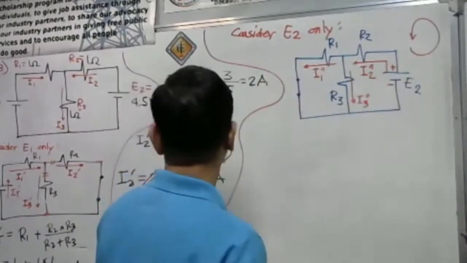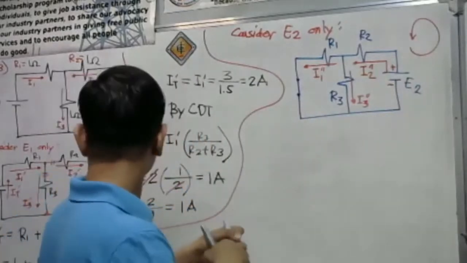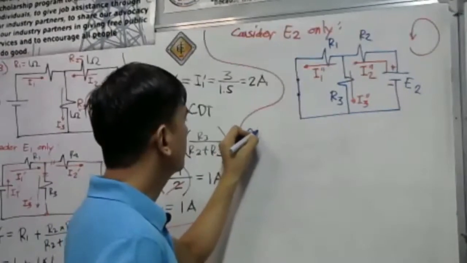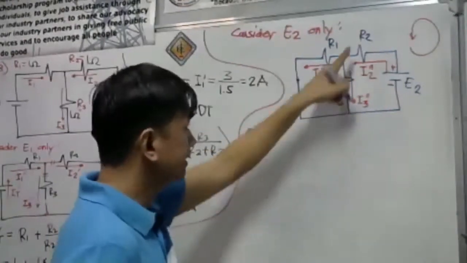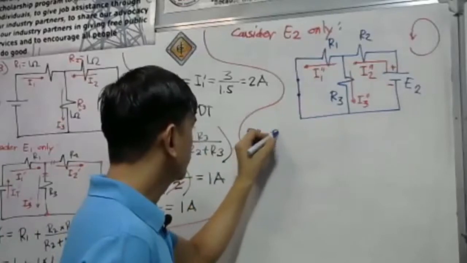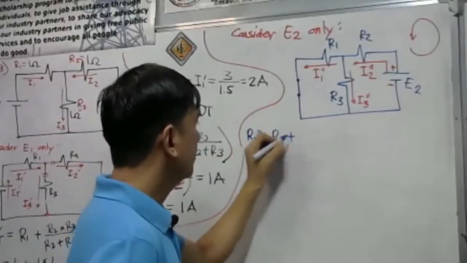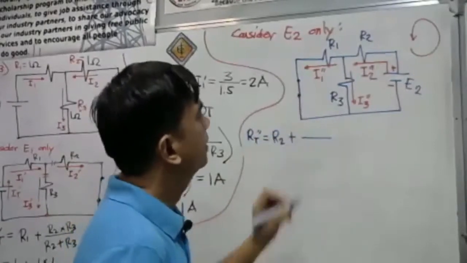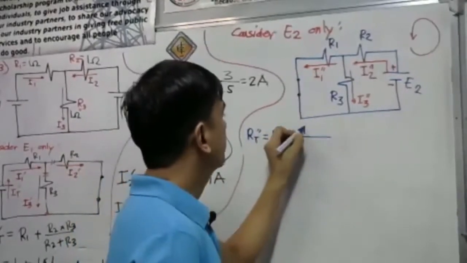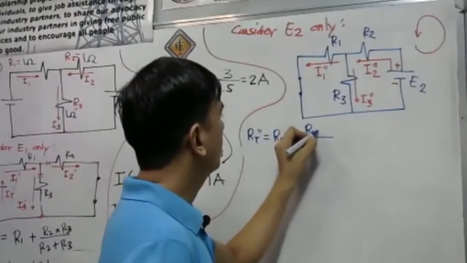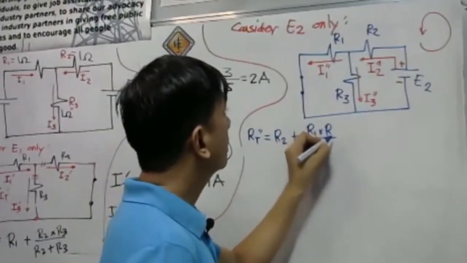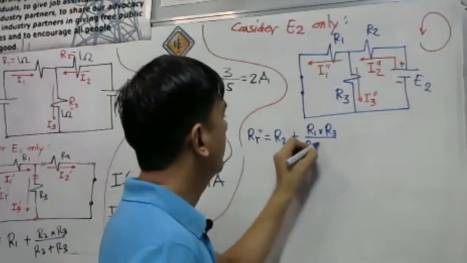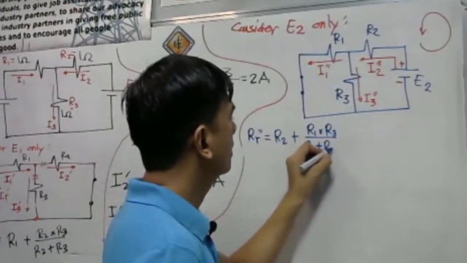So, let us have our R total double prime. RT double prime is equal to R sub 2 plus, for two resistors in parallel, the product over the sum, R1 times R3 over R1 plus R3.